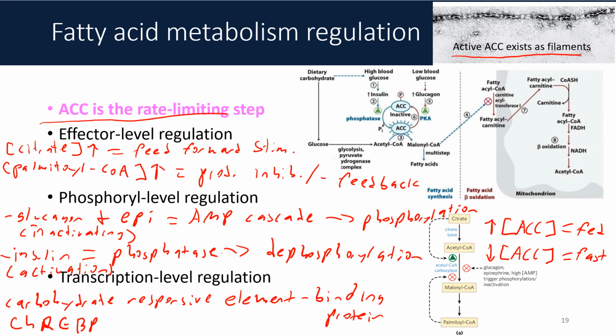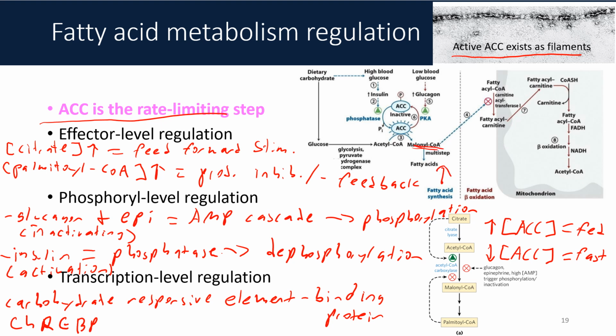And don't forget to take 10 huge steps backwards and synthesize how fatty acid synthesis pairs with the rest of metabolism. When fatty acid synthesis goes up, we are going to have a lot of malonyl-CoA.